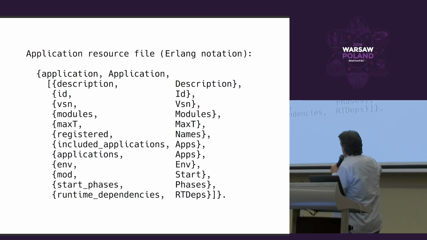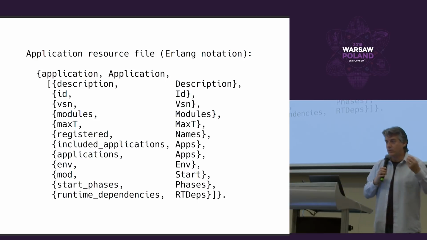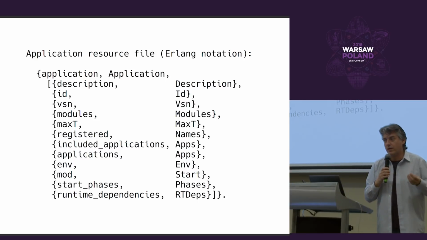Registered is for named processes. Included applications is a collection of applications that you need to coordinate how to start. That's the idea. It's not related to umbrellas. Applications basically means dependencies. Env is a very important key. Env means environment, and that's another overloaded word in Erlang and Elixir.